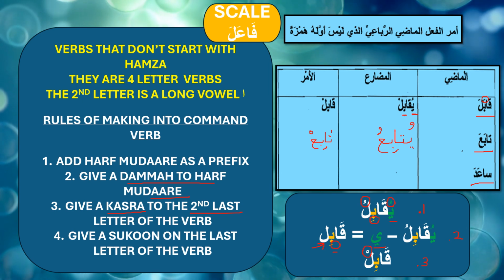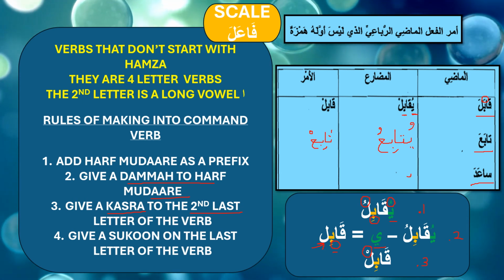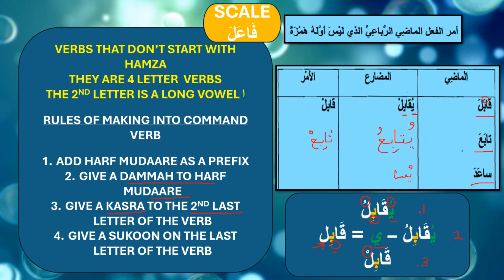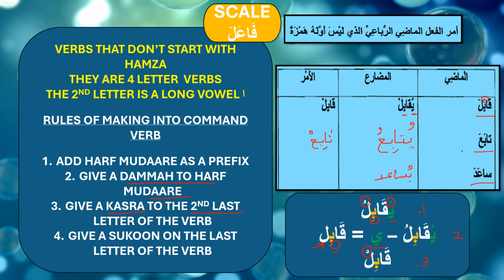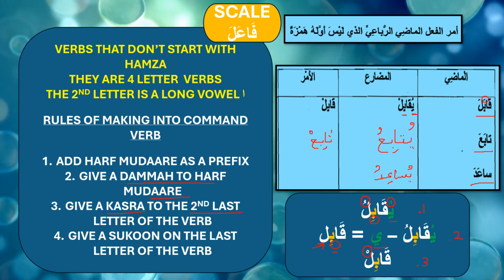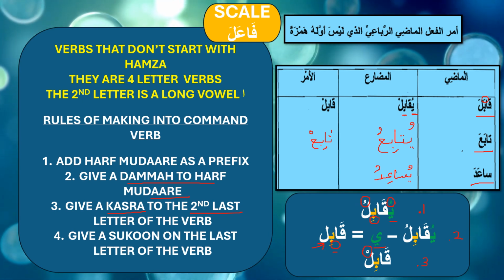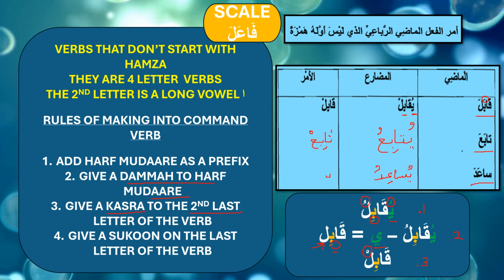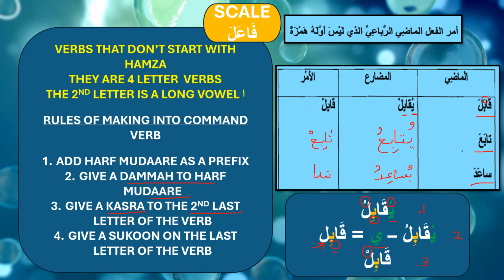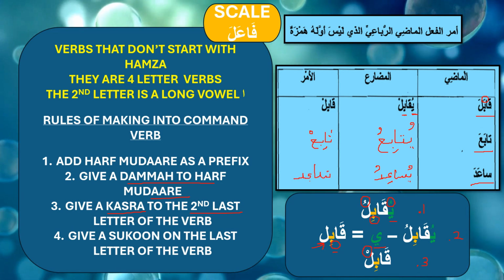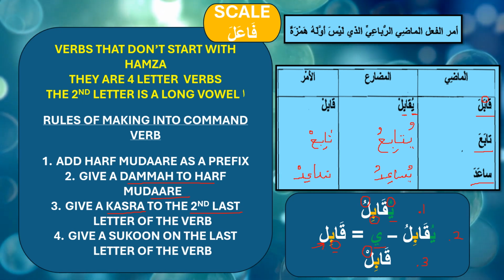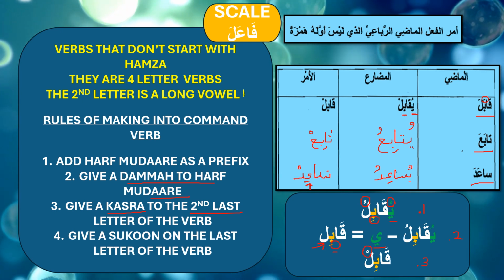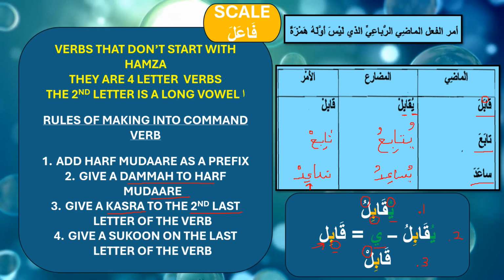Say with sa'ada, it's yusa'idu. Ain is having a kasra and dal with dhamma. The moment you make it into a command verb, remove the harf mudare, sa'id. Dal will have a sukoon and the second last letter will have a kasra. So remember, this is very important.